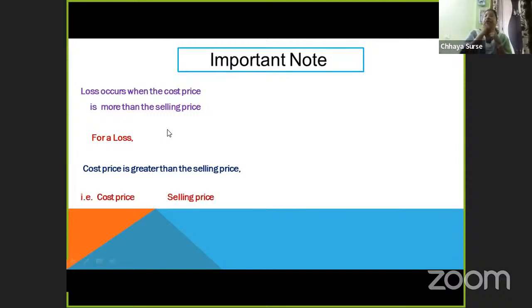In this transaction we got a loss because the cost price is greater than the selling price. And in profit, the selling price is greater than the cost price. That's why we got the profit. Clear? Is the difference between loss and profit clear?